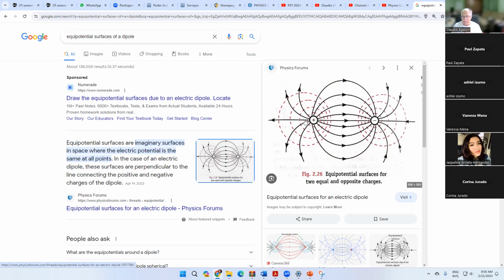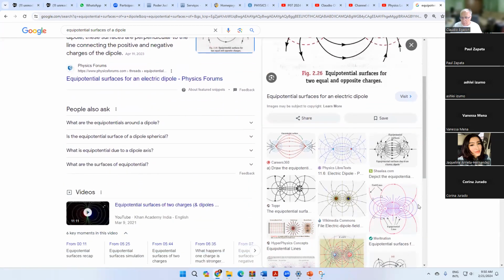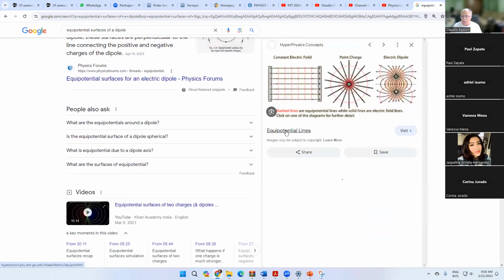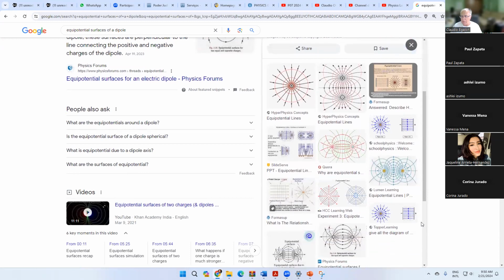Potential for surfaces of electric dipoles and other equipotential surfaces here. Okay, here you go. Constant electric field.